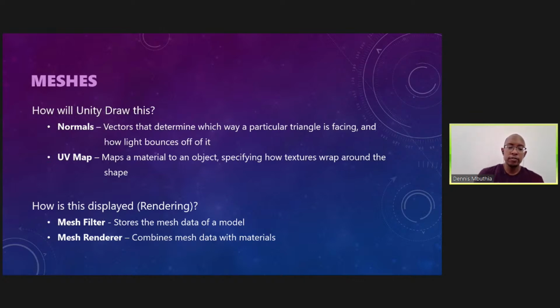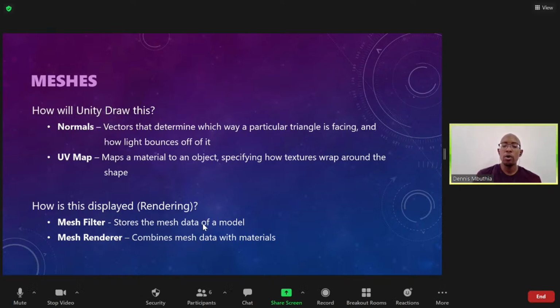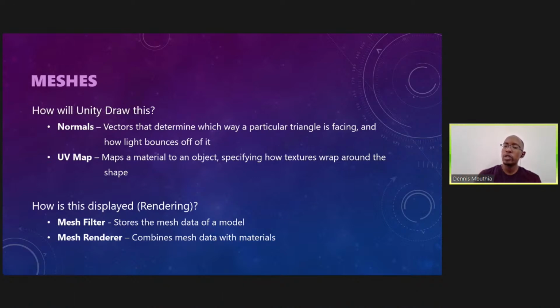A mesh needs two components for it to be displayed: one is a mesh filter, and the second one is a renderer. The mesh filter stores the mesh data for the model, basically what the model should look like. And the renderer has exactly what materials the mesh should have.